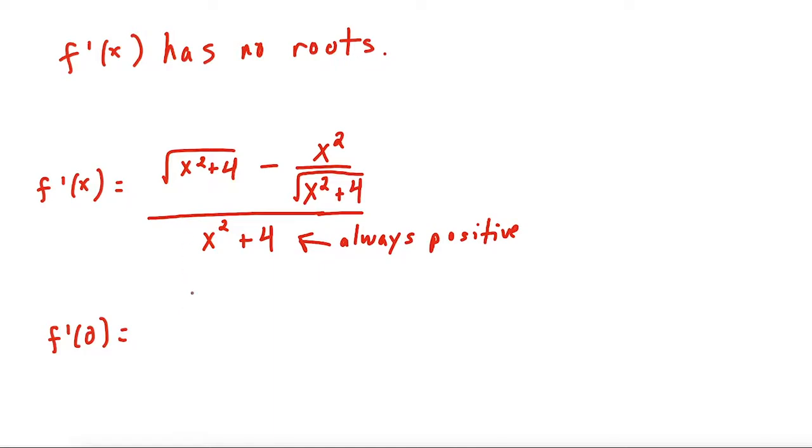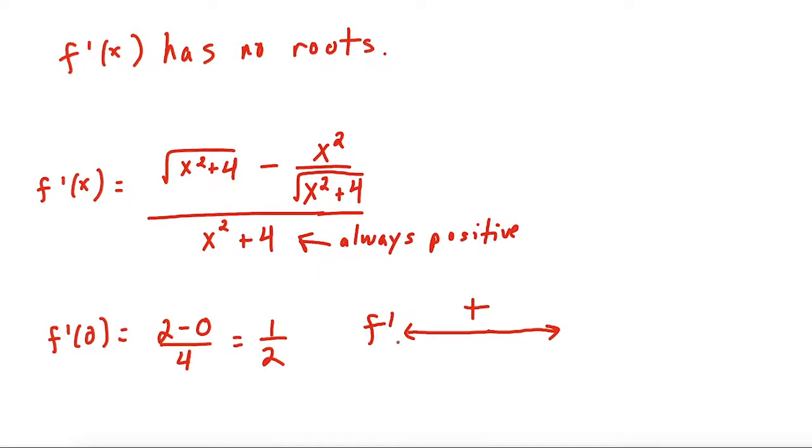Well, what we would have is the square root of 0 plus 4, which is 2, minus 0 divided by the square root of 4, which is 0, divided by 0 plus 4, which is 4, which is equal to a half, which tells us that if we had to make a sign chart for f prime, we only need to pick a single test value, and that test value yielded something positive. So there we have it.